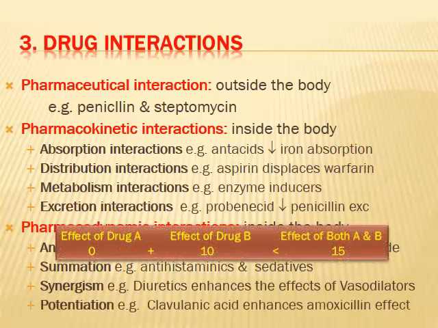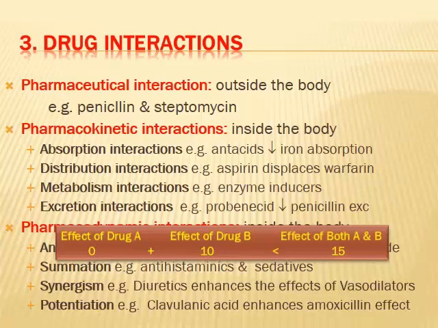3. Potentiation, which has some similarity to synergism. It occurs when you have two drugs. The effectiveness of one of them, when given alone, is moderate. You have to add a second drug to improve the effect of the first one.